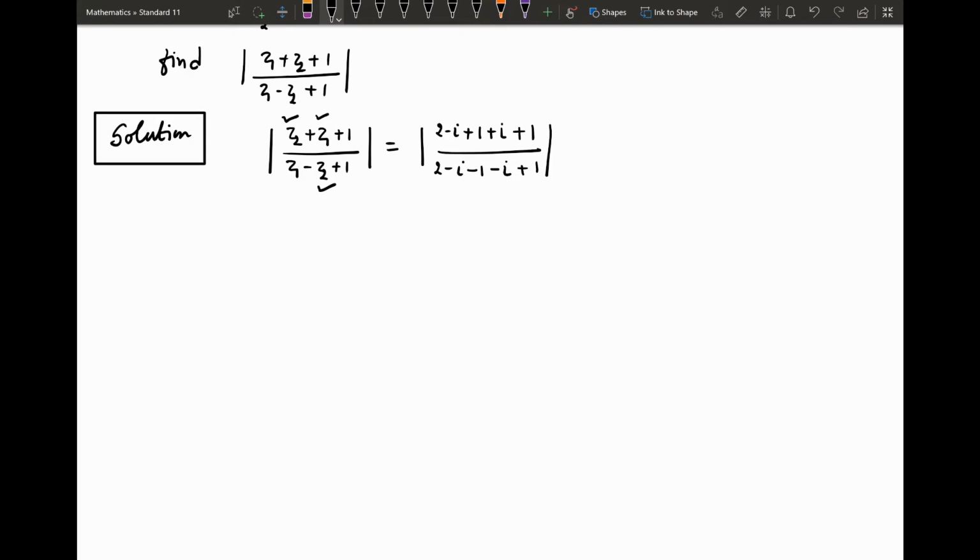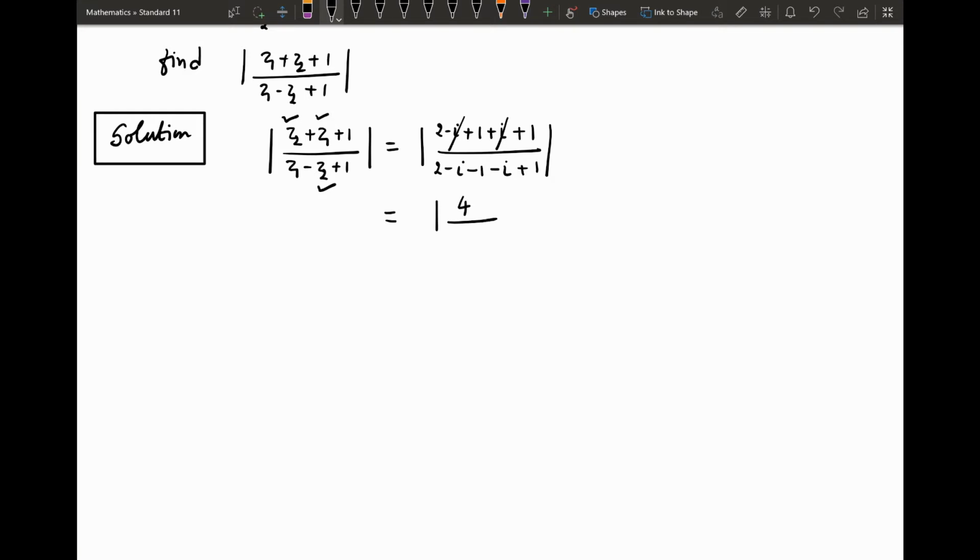When we simplify, 2 minus i plus 1 plus i, so plus i minus i cancel, so in numerator 2 plus 2, 4.